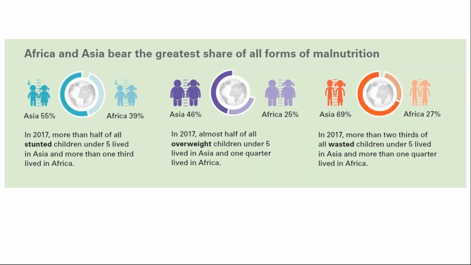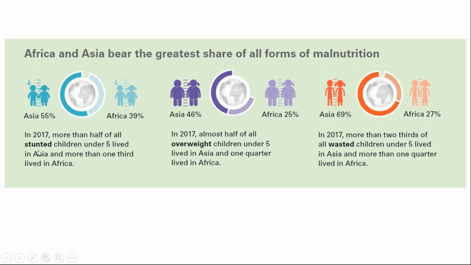And if you look at the result, I have put this in mainly to show you that Asia is one of the major regions in the world where you see both undernutrition as well as overnutrition. In 2017, more than half of all the stunted children under 5 lived in Asia. So 55% of the stunted lived in Asia.